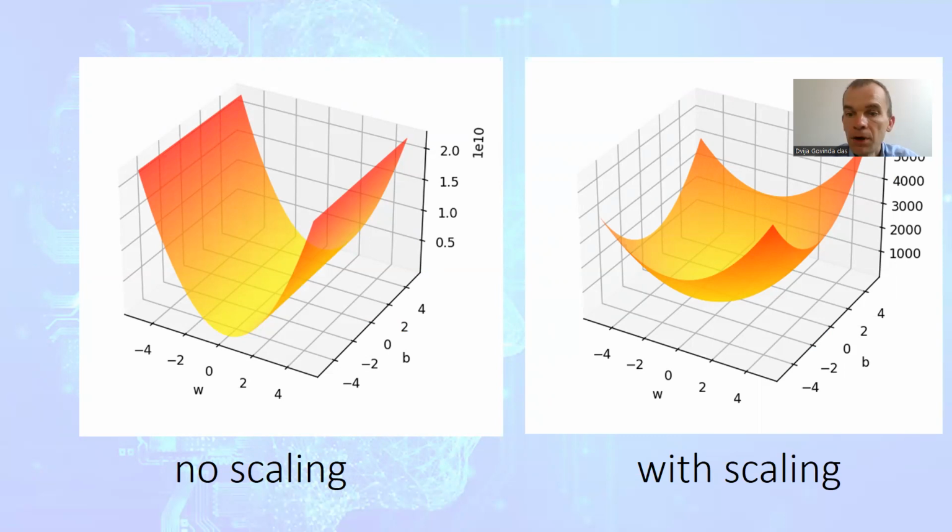But when we apply scaling, when we scale both the miles per gallon consumption and the weight of the car, these features are now basically of the same range, and now we have a distinct convex form of the cost function, and so its minimum can be efficiently and easily found, for example, by the gradient descent method.